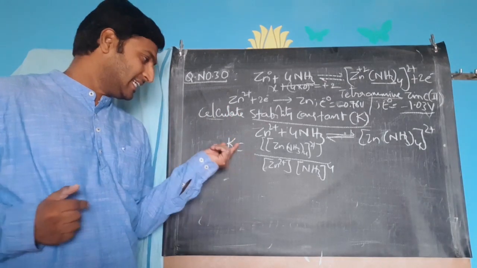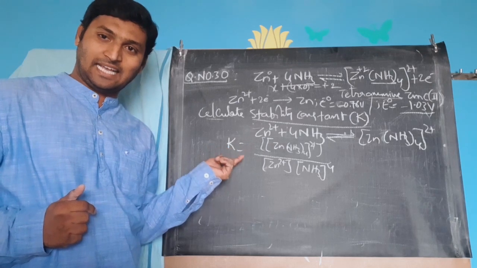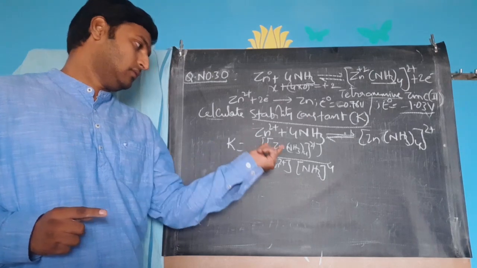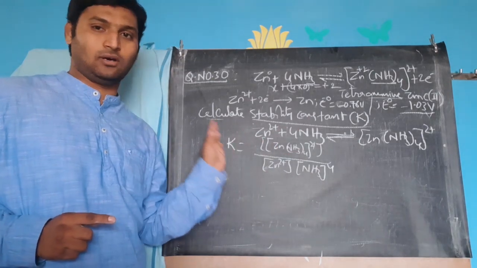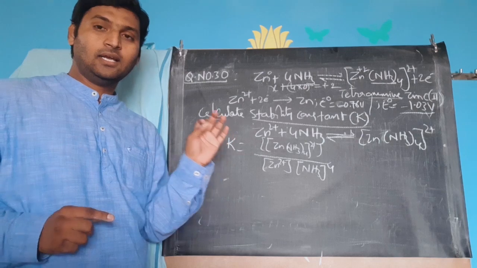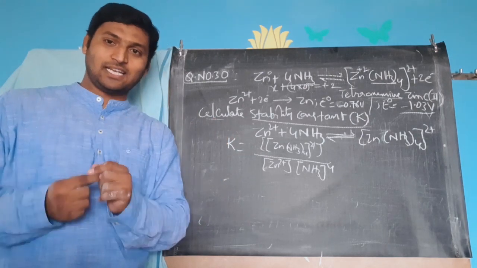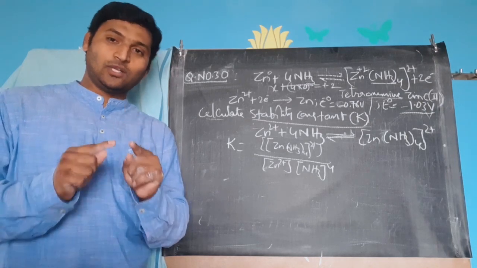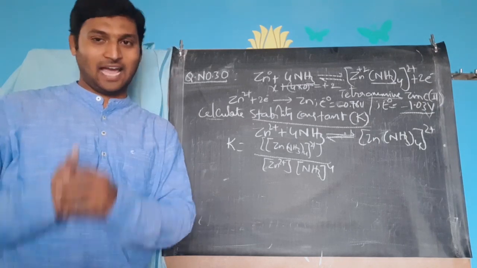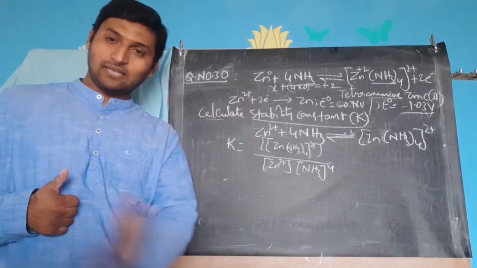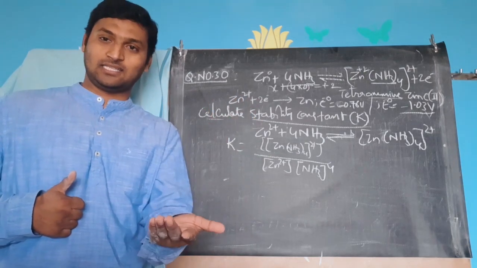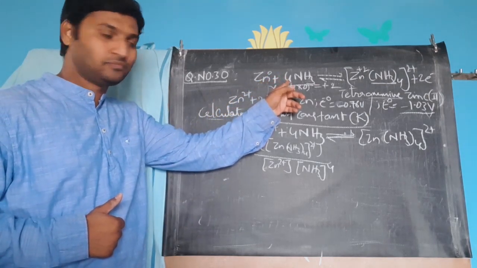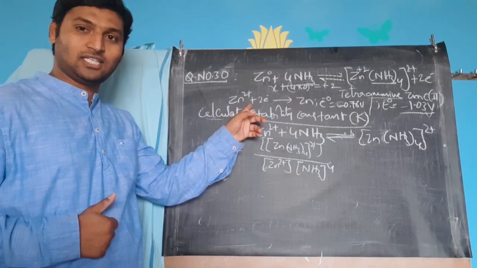So you need to get an expression for the stability constant K in the Nernst equation, and then substitute this expression, take K and solve for K. For that, to write the Nernst equation, first of all, we must have the cell reaction, right? To know the cell reaction, we need a cathodic reaction and an anodic reaction, add both of them, get the net cell reaction so that you can write the Nernst equation. Now, you have an oxidation reaction here and a reduction reaction here.